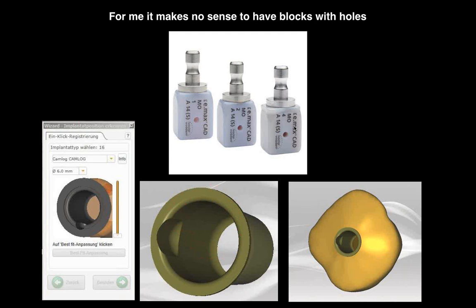CEREC could do that very, very easily, but it seems that nobody wants to do it, and I don't understand why. Because for me, having a block with a hole is too expensive. You pay so much money for somebody drilling that hole for you. If you can have the hole put in with CAD/CAM, the right design, your machine can mill it. Now, if you say, no, my machine doesn't mill accurately, that means you're using the wrong machine.